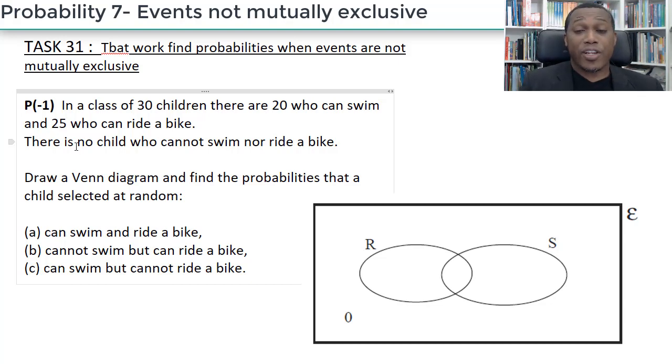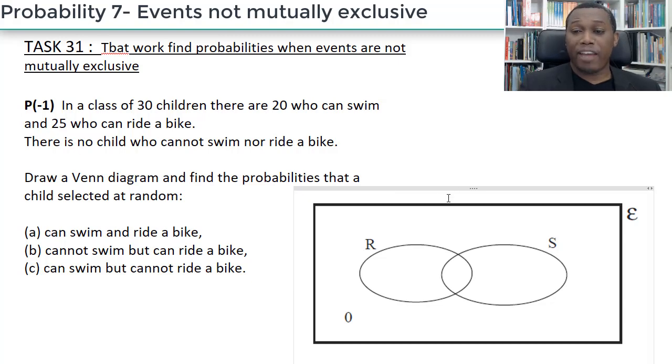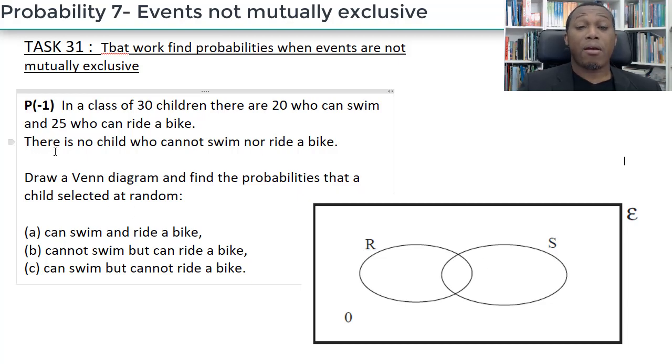In a class of 30 children, there are 20 who can swim and 25 who can ride a bike. And you can see I've given you a pre-built template of what the Venn diagram could look like. R is for riding a bike, and S is for those who can swim. And they make this statement: there is no child who cannot swim nor ride a bike.